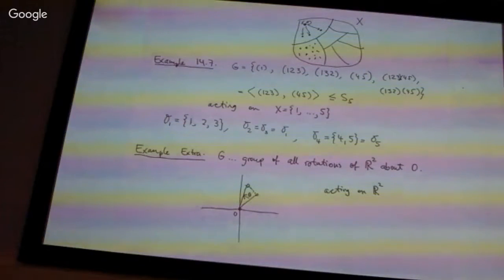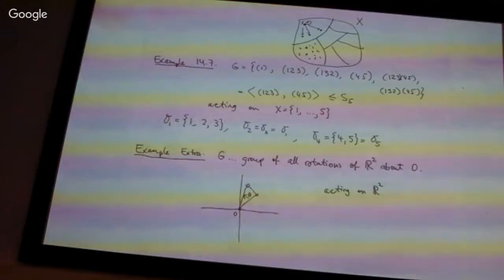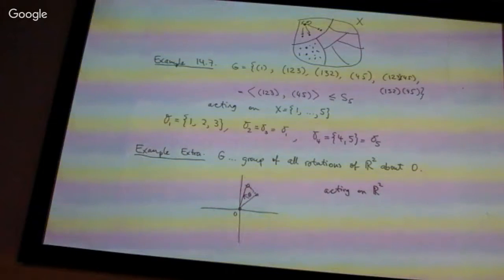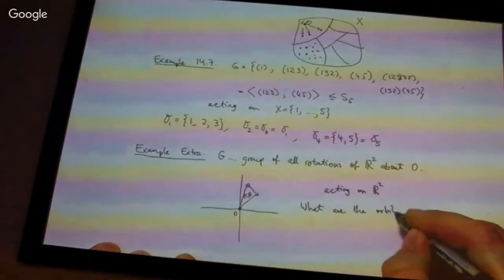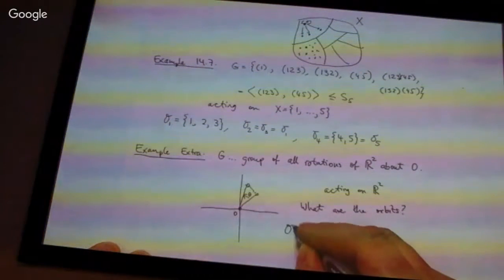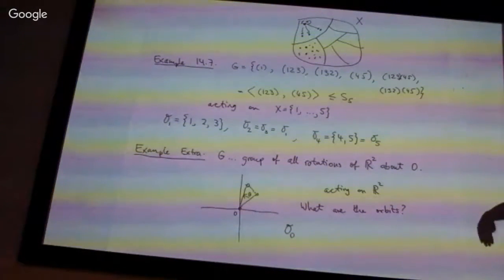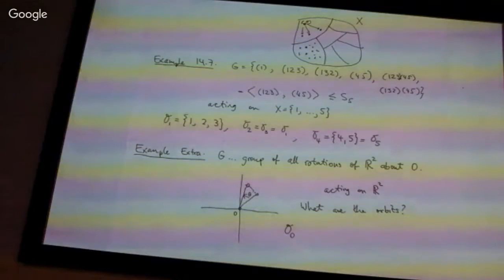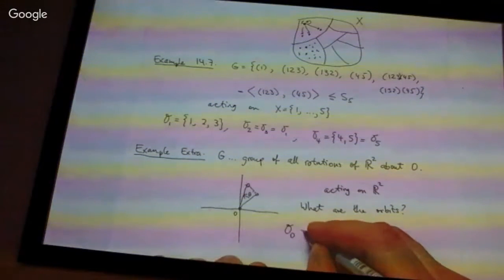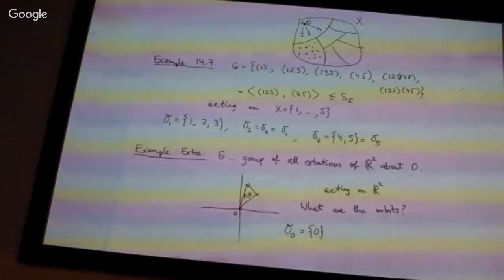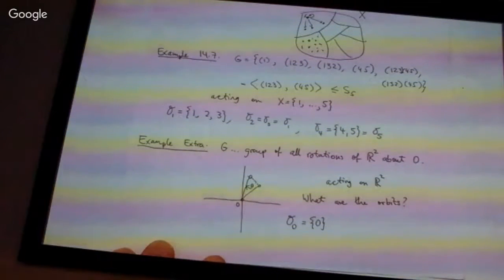And what are the orbits? For example, what is the orbit of the origin? By rotating about the origin, where can I map the origin? The origin over here. Okay, so this is an orbit which only has one element. And then what happens with this point?